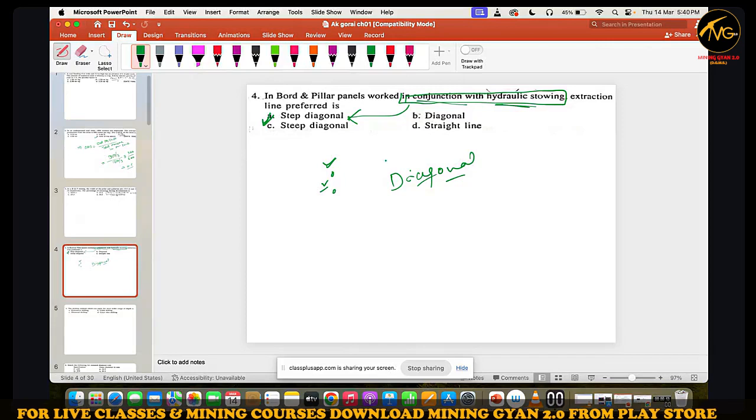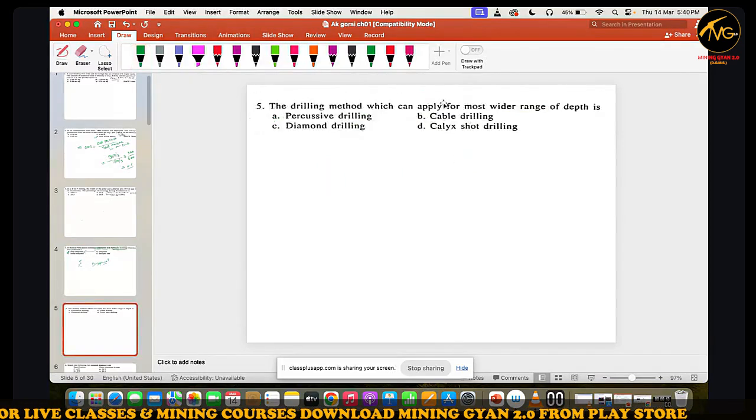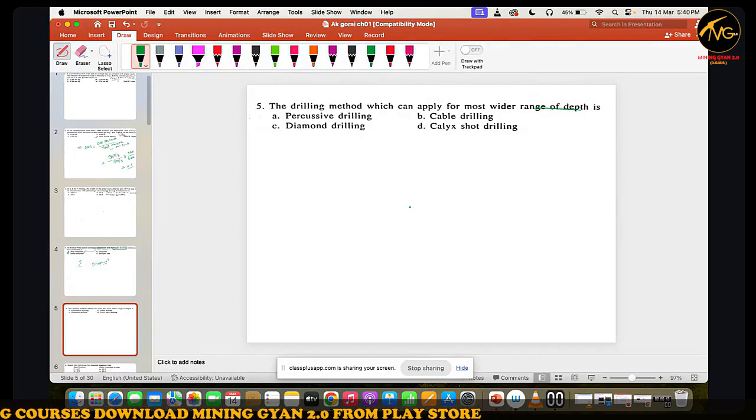Steep diagonal is the drilling method which can be applied for the widest range of depth. I discussed this within 15 to 20 minutes before, so you should know this question at least.